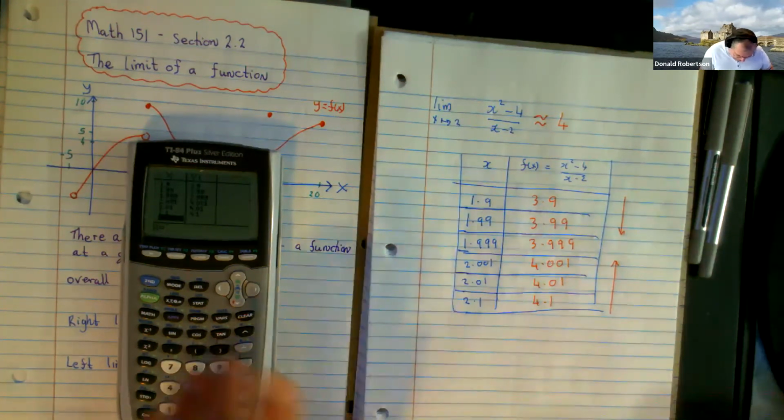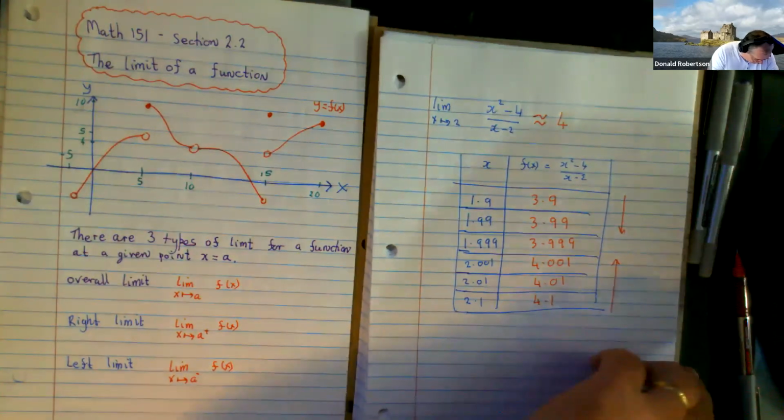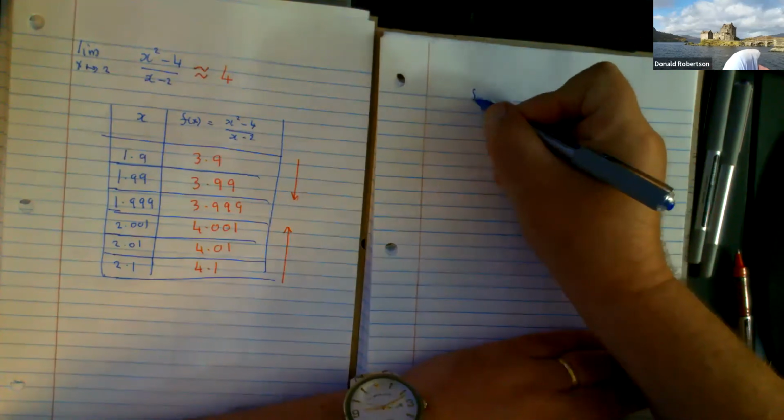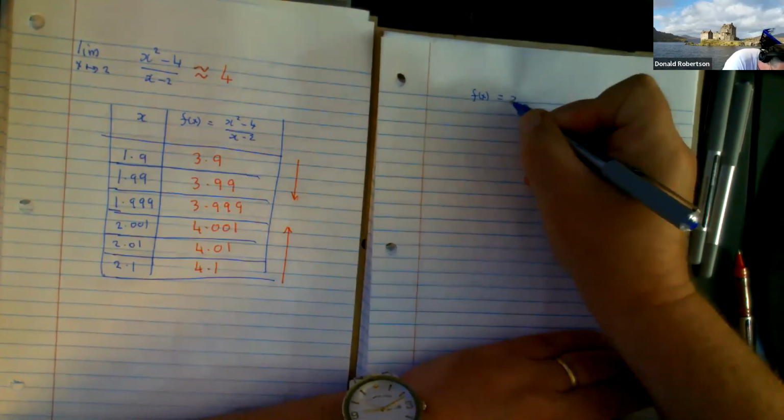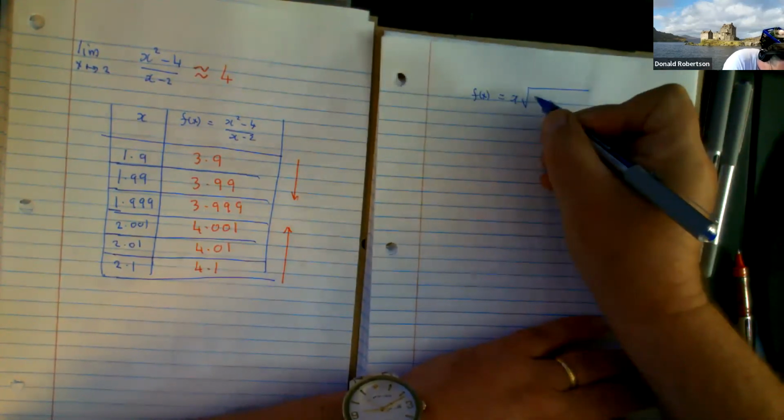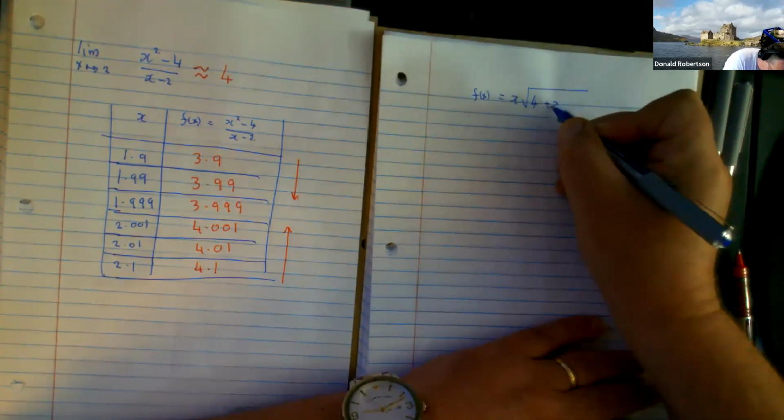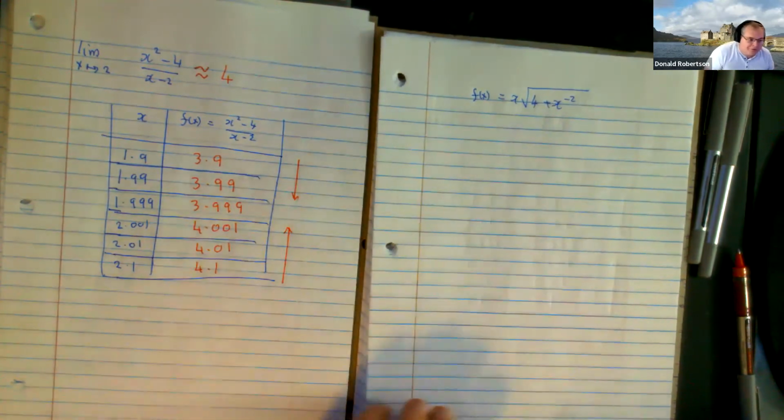Now, in a different question, a different function, remember that function that we had that looked kind of weird? I can't remember what this number is. Let's say it was a 4. Remember that one? Now, we know there's a problem at 0.